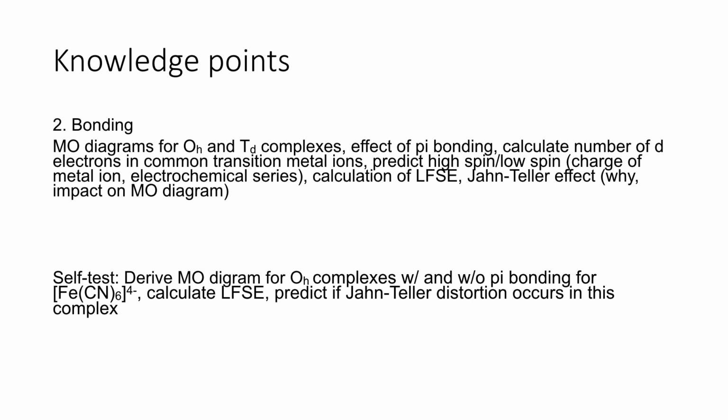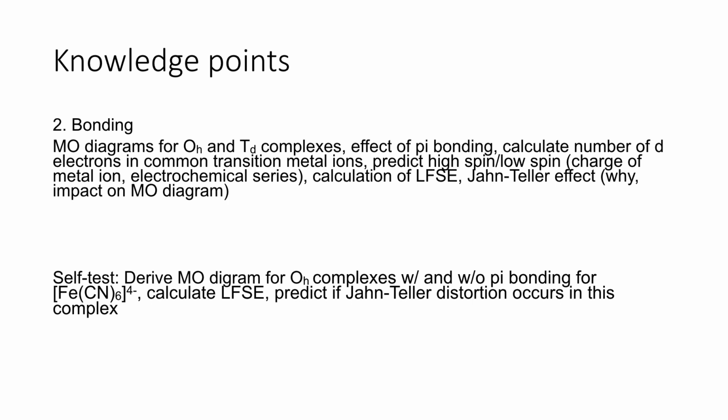Once you derive the MO diagram, you should be able to fill the energy levels with the correct number of electrons. For this part, you should be able to correctly calculate the number of d electrons in the transition metal ions. We briefly went through this in class. Basically, you look at the location of the metal ion in the periodic table.